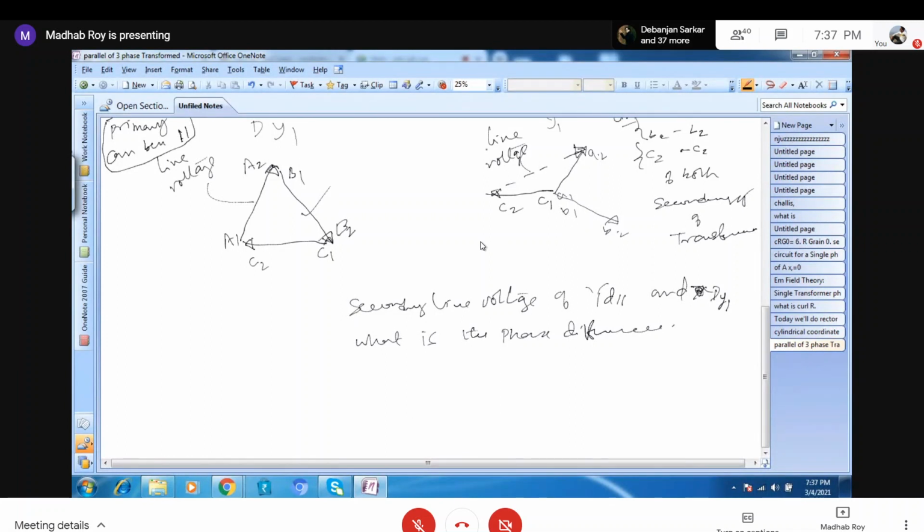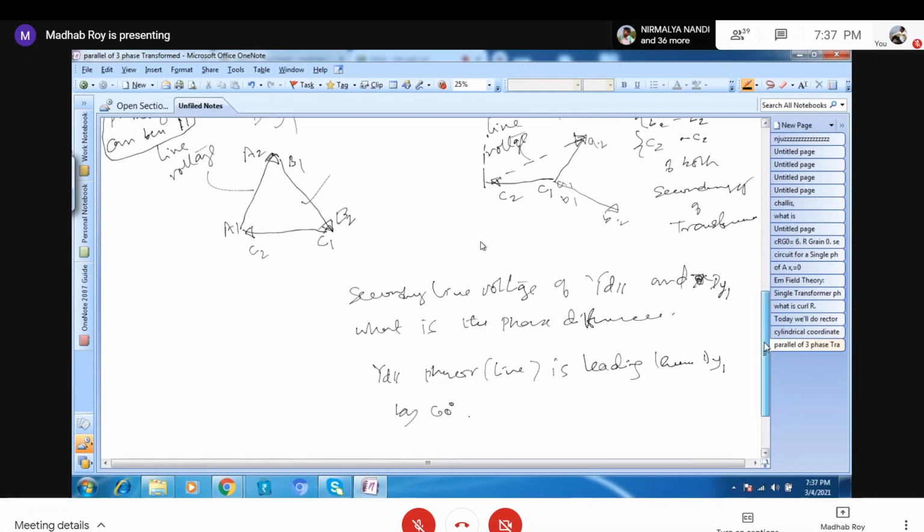So the phase difference is 60 degrees. The YD11 phasor line is leading the DY1 by how much? 60 degrees.